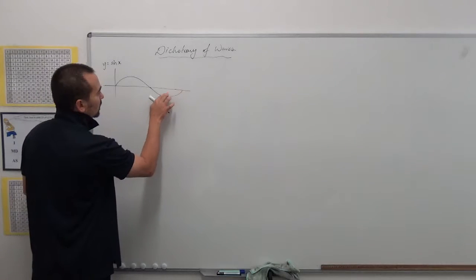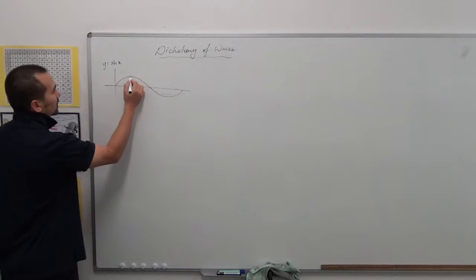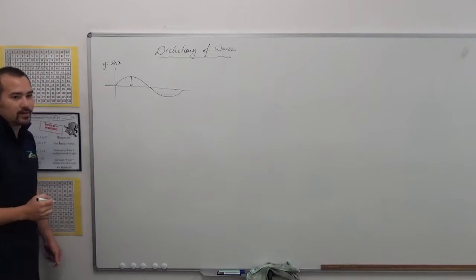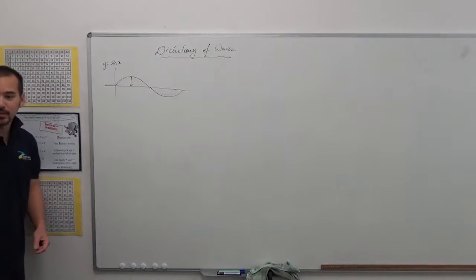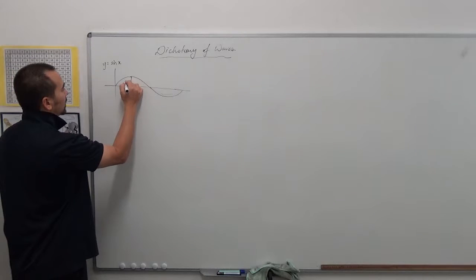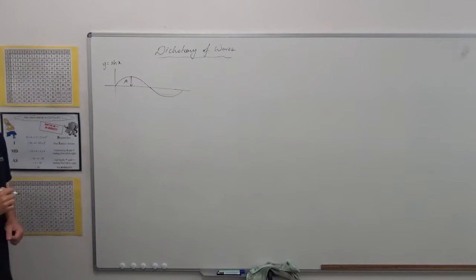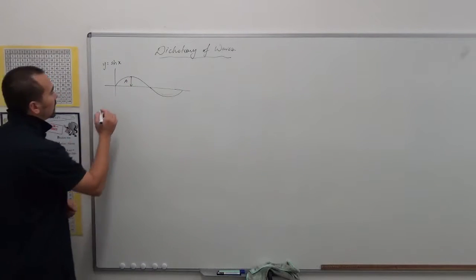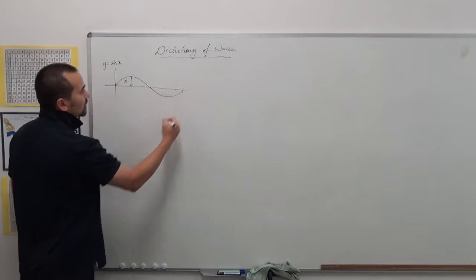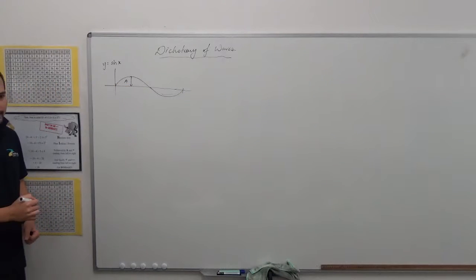And we would say that from here to there has a name, and it's called the amplitude, or A for amplitude. Then from here to here is one wavelength.